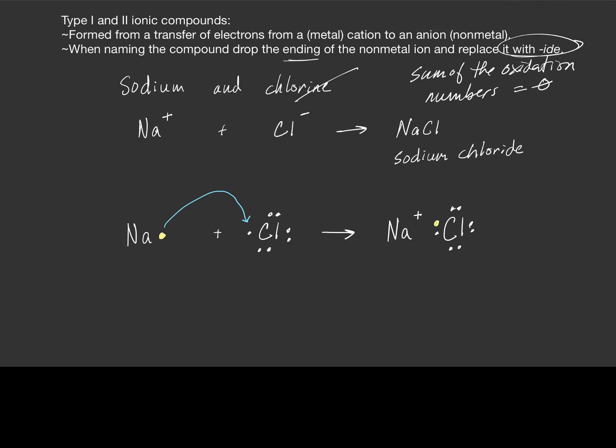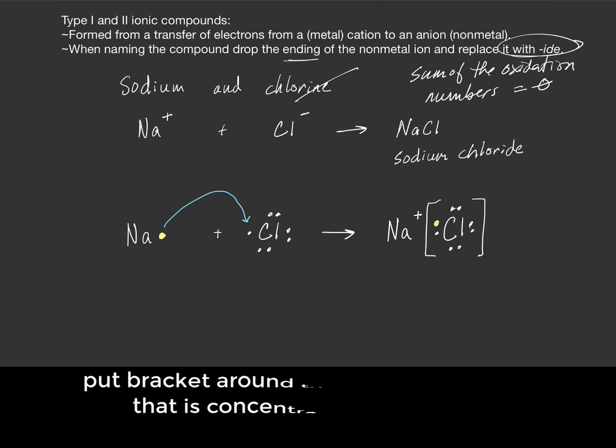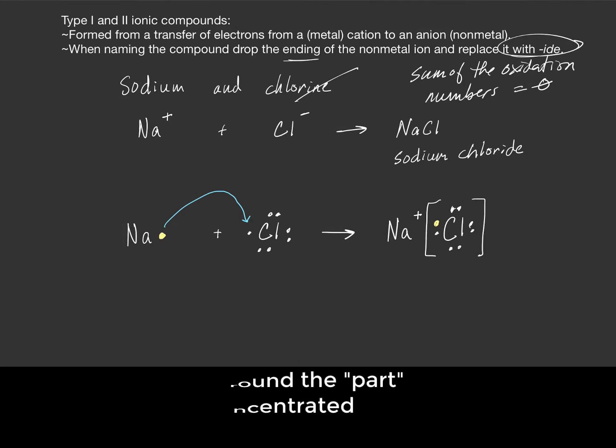And now what we do is something in chemistry: we draw brackets around things, and the bracket represents the concept of concentration, okay? So what we're saying is that all 8 of the valence electrons, where we started off with 1 valence electron around sodium and 7 valence electrons around chlorine, are now around this 1 chlorine. So now this 1 chlorine atom is charged to become a chloride ion.